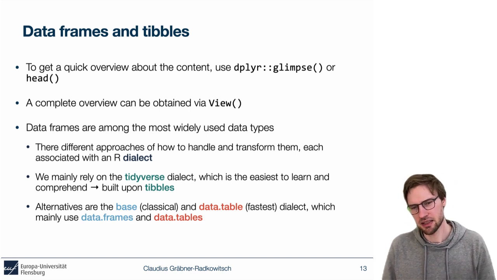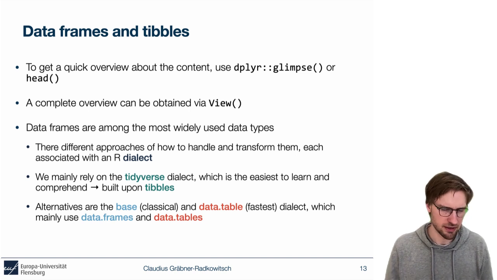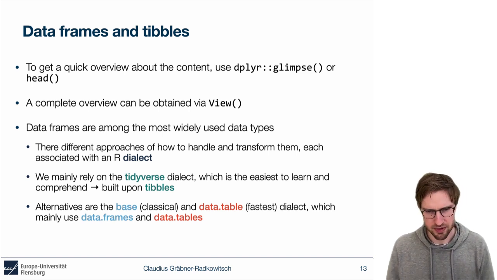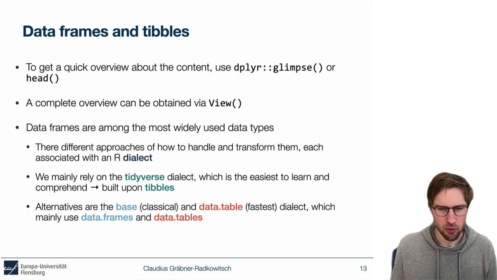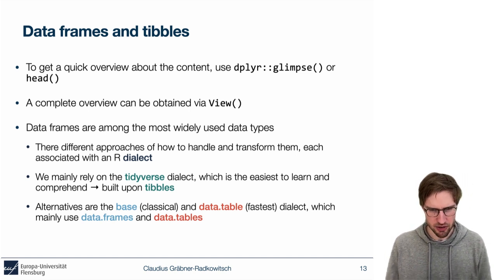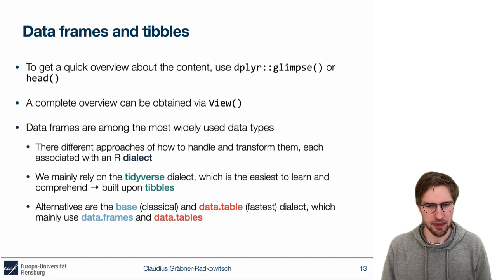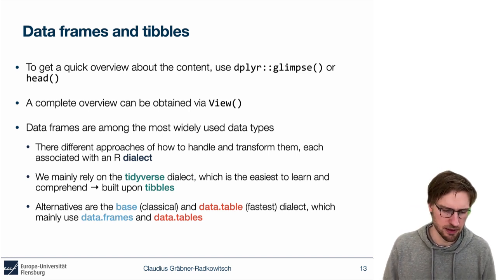And I would say the data table dialect is a little bit more difficult to understand than the tidyverse. It's a little more specific, but it's way faster. That means that once the data you're handling surpasses a certain size, and we're talking about several gigabytes here, then it makes a lot of sense to switch to the data table dialect.